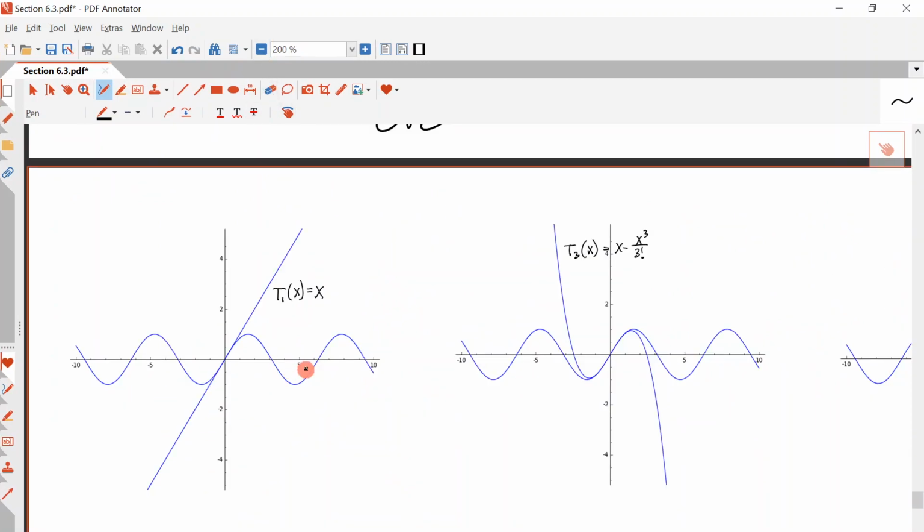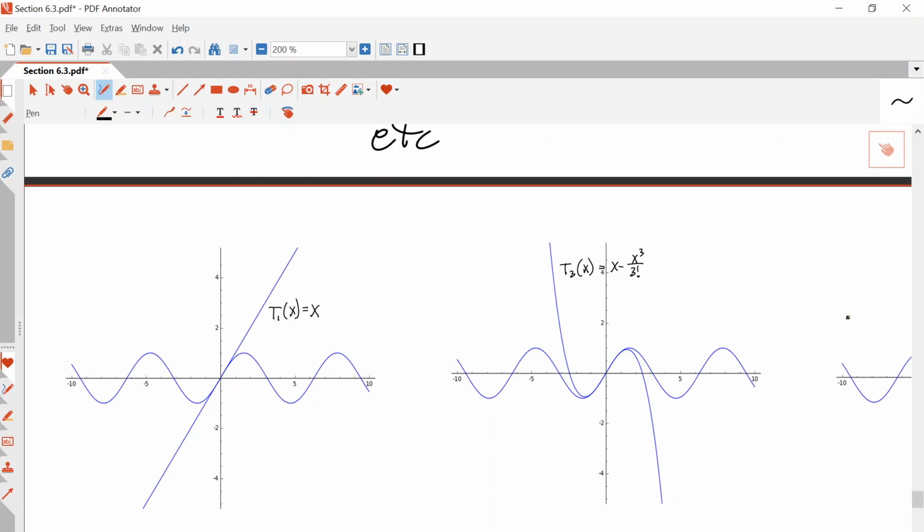So here's sine of x, obviously that's the graph of sine of x, and here's the first Taylor polynomial. It's just the tangent line, right? That's the tangent line for sine x at x equal to 0. So actually these Taylor polynomials generalize the notion of a tangent line and become more accurate. Here's T3. See, it's starting to approximate sine a little bit better.